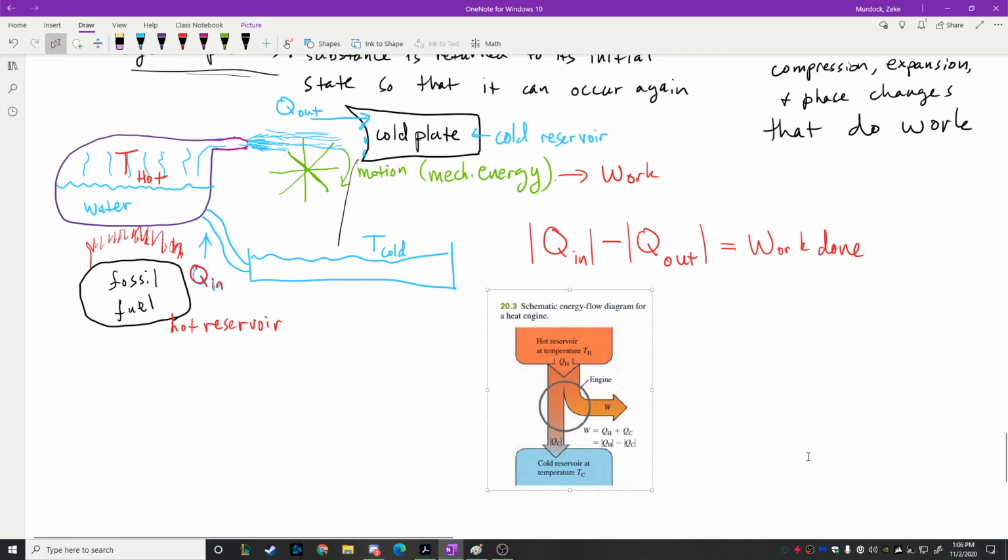So is the priority to get the coldest reservoir out of the system to get the most work done? Yeah. Well, I would say, we will relate this to temperature differences here in a second. What did I write down about that? Let me see.